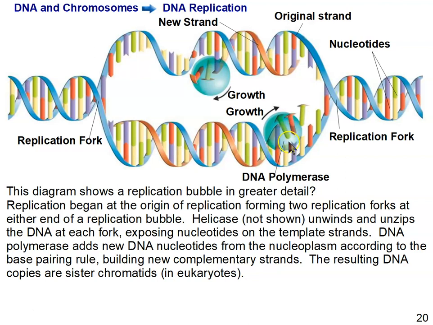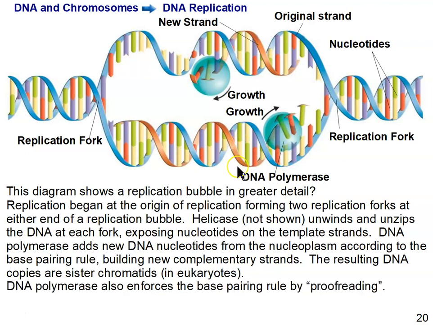A, T, G, C. And that ensures that the DNA is faithfully copied without mistakes, usually. But DNA polymerase actually has a proofreading ability, so if there is a mistake made, it will fix itself. So it enforces the base pairing rule by proofreading.